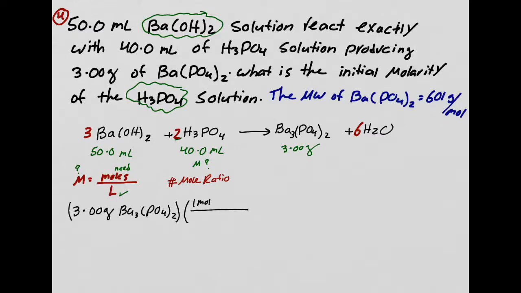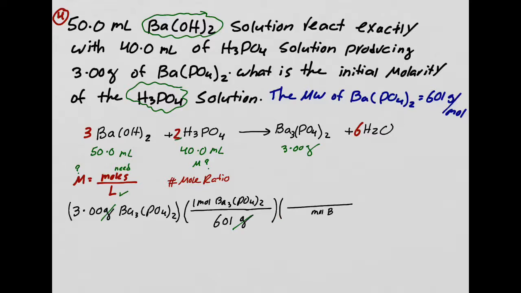So 1 mole of barium phosphate, I even give you the molecular weight, I've gotten soft, is 601 grams, okay? So then the molecular weight, the gram can cancel out, okay? So I had gram to go to moles, I need molecular weight. Molecular weight is always for 1 mole.